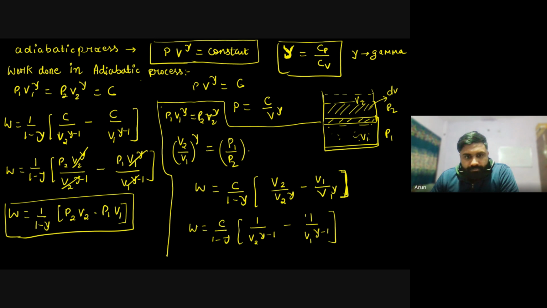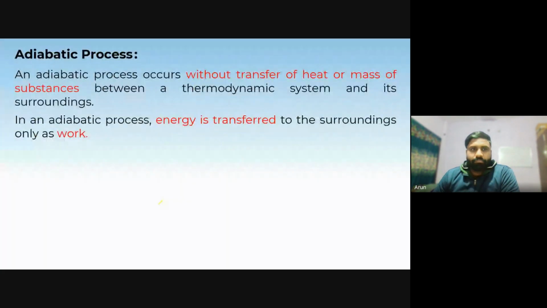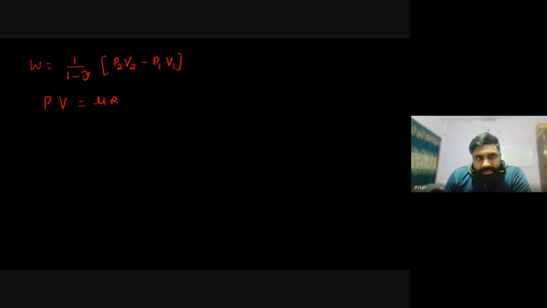Now, the work done can also be given by another formula. We have calculated work done as 1 upon 1 minus gamma, P2 V2 minus P1 V1. Now from the ideal gas equation you can write PV is equal to mu RT. So P1 V1 is equal to mu RT1 and P2 V2 is equal to mu RT2.